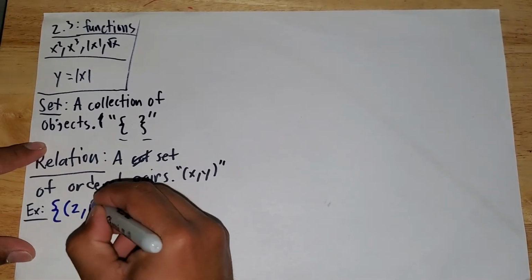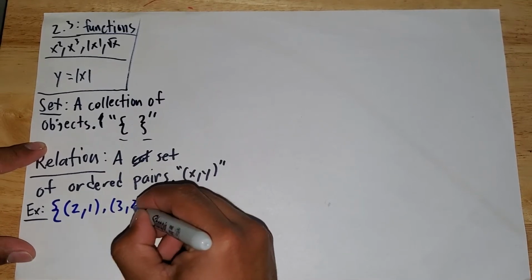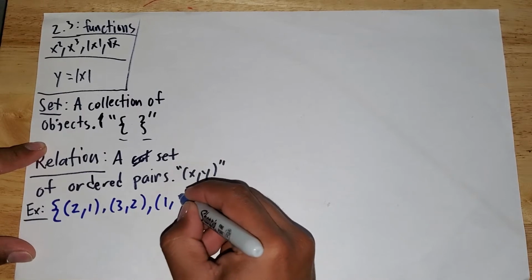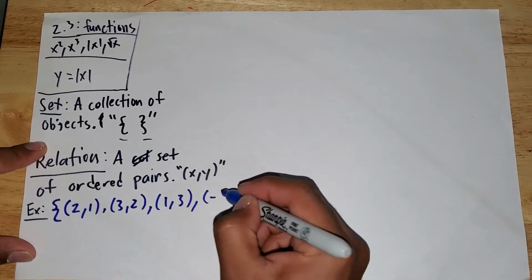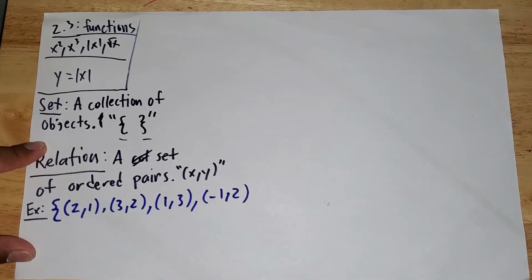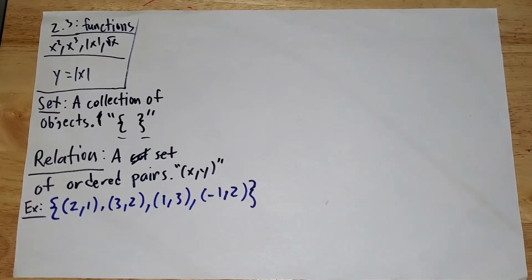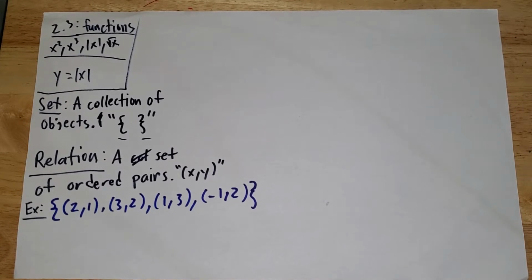So 2 comma 1. We can have 3 comma 2. We can say 1 comma 3. You can have negatives, negative 1 comma 2. And then we can just close it off. That's what a relation is. It's just a set of ordered pairs.